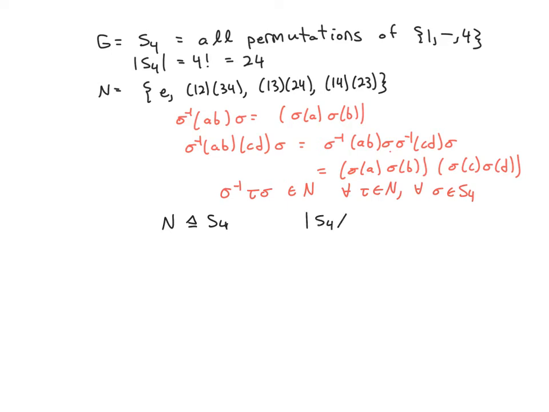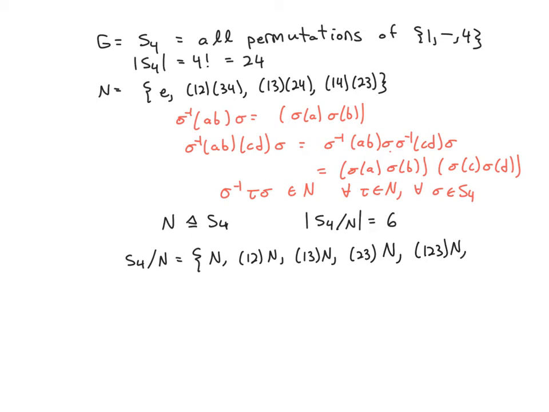By Lagrange's theorem, the corresponding quotient group has size 6. And so you can check that it turns out one set of coset representatives is given by this: the transposition (1 2), the transposition (1 3), the transposition (2 3), and the 3-cycles.